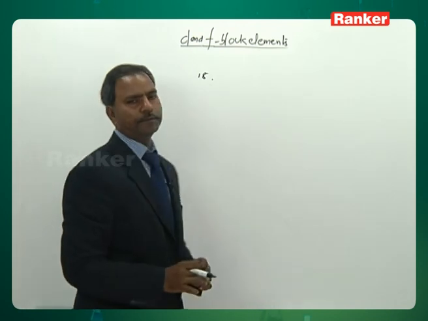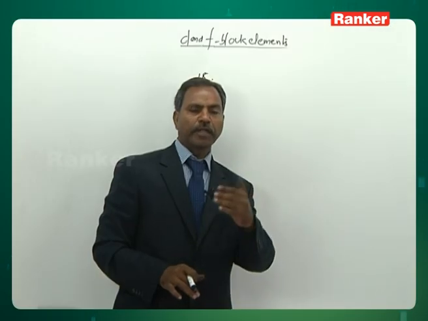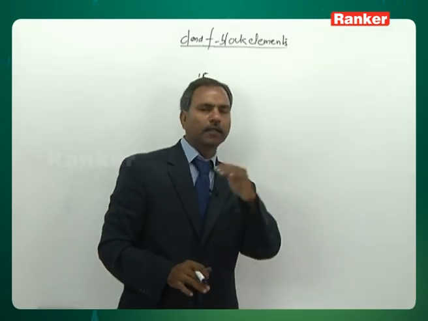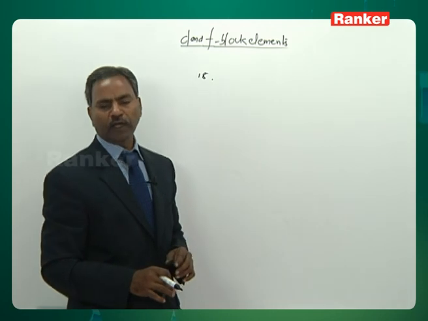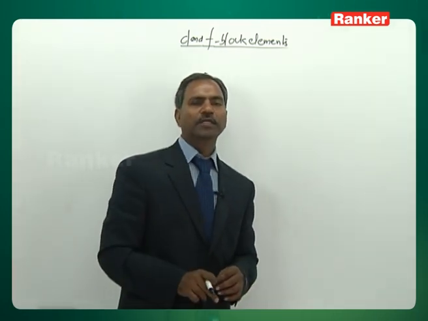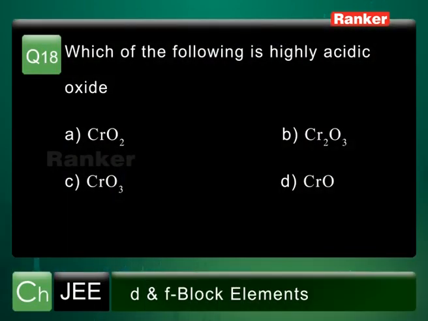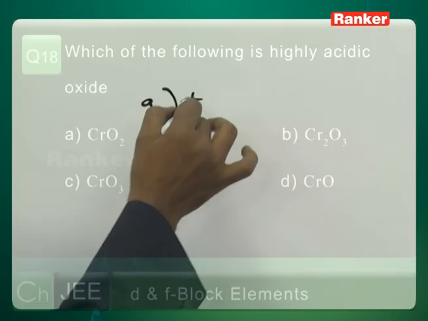Question number 18, which of the following is a highly acidic oxide? Again, a more or less identical question. This type of question appears in different entrance exams, so I gave many such questions and the concept of how to identify the acidic oxide or the basic oxide. Among the options, choose the one having the highest oxidation number. Option A, CrO2, plus 4.